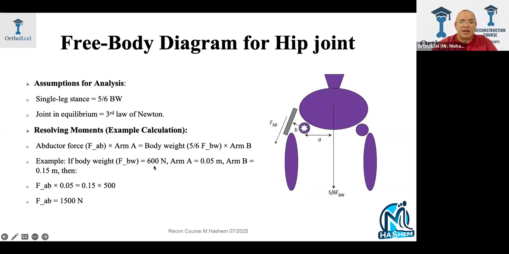So if we give it a number, like in a normal 70 kg body weight individual, this will be nearly 60, and this is exerting 3 times this body weight. So this is exerting about 3 times the 60, which is 180. So 180 and 60, this ends up with you exerting a force of about 4 times, or 5 to 6 times, your body weight.